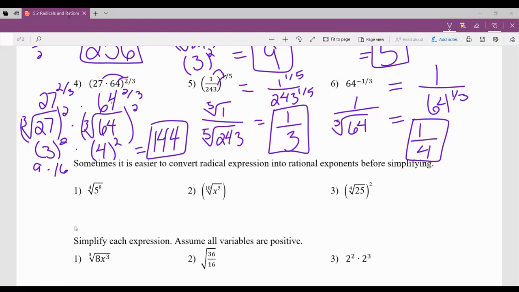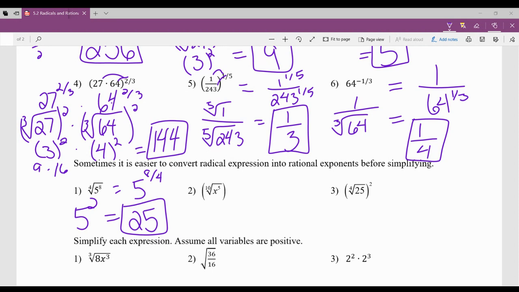So what I could do is write it as 5 to the power over root, so 8 over the root of 4. 8 over 4 is equal to 2. So that's equal to 5 to the 2. 5 squared, 25. Final answer. Okay, so that's much easier to do, and I could do it without a calculator.